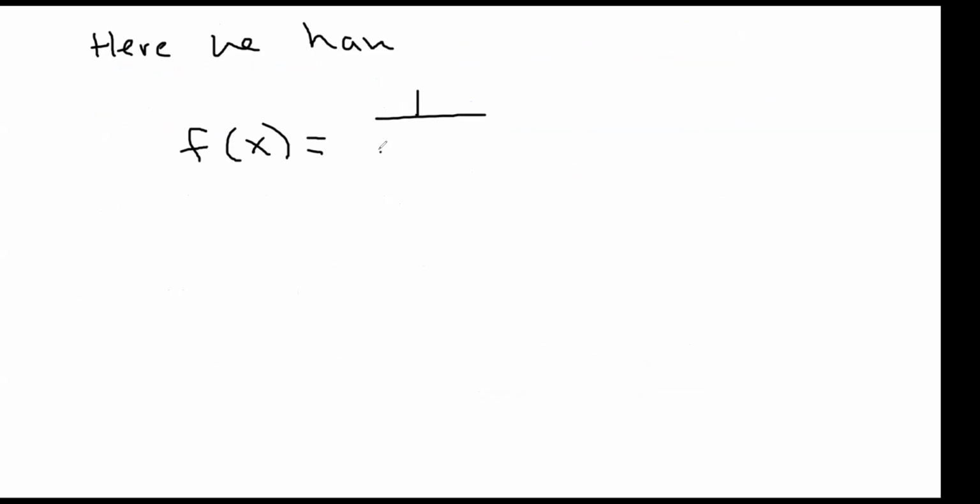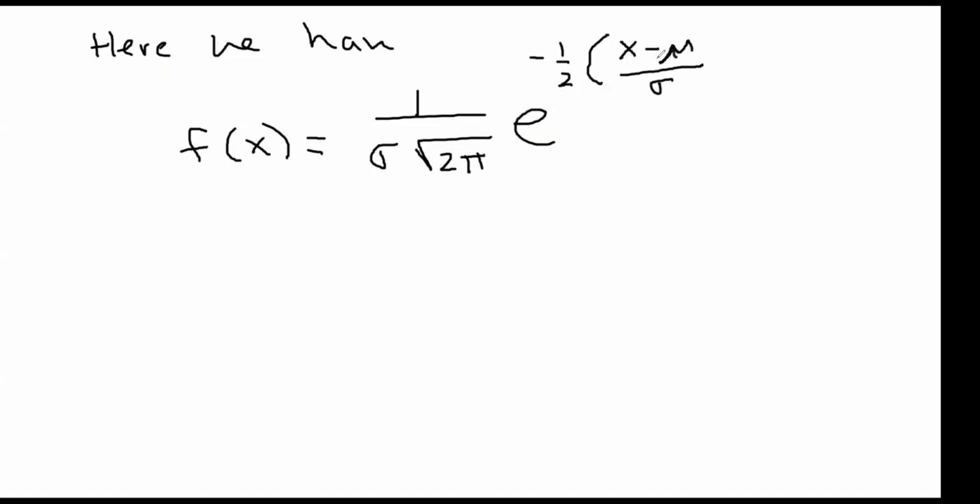We have 1 over Greek sigma, you guys know what this letter is, we've seen it before, square root of 2 pi. And then it's going to look very similar, you have this exponent of -1/2, but now this is a very scary creature: x minus mu over sigma, quantity squared. Yikes. Talk about scary.